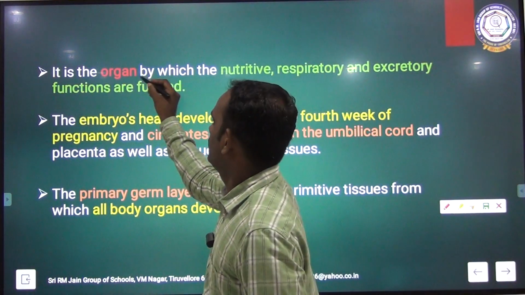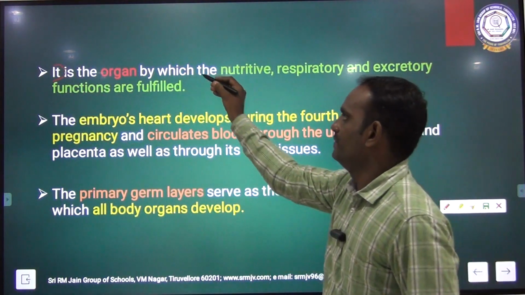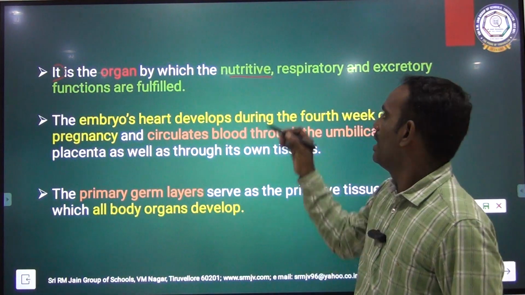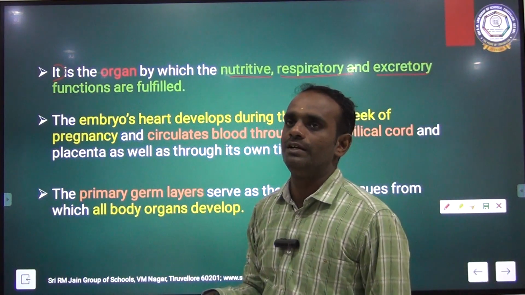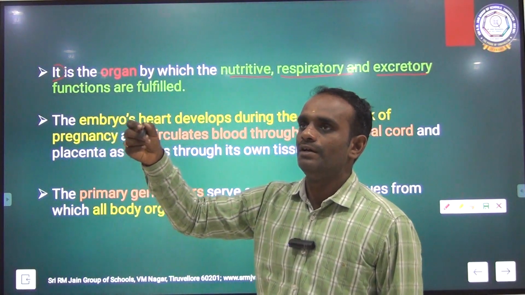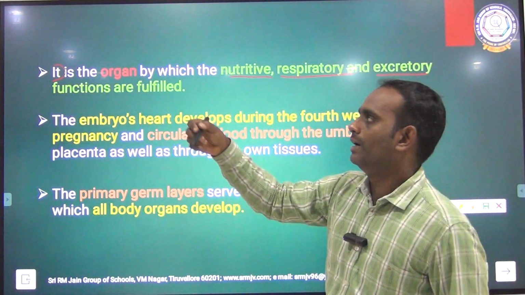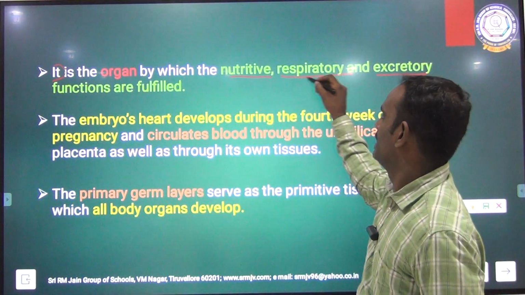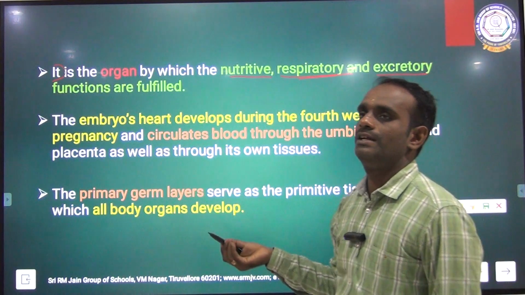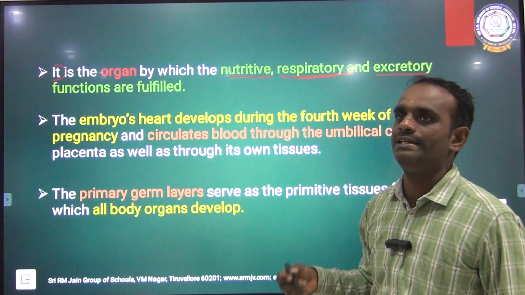Placenta is the organ by which the nutritive, respiratory and excretory functions are fulfilled. So, with the help of the umbilical cord, placenta supplies food, nutrition to the fetus, respiratory gases, oxygen and carbon dioxide, as well as the excretory functions are carried out.